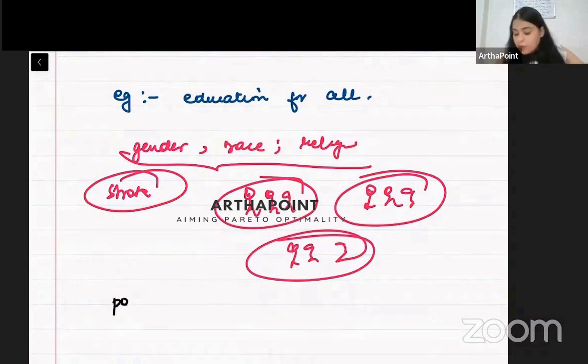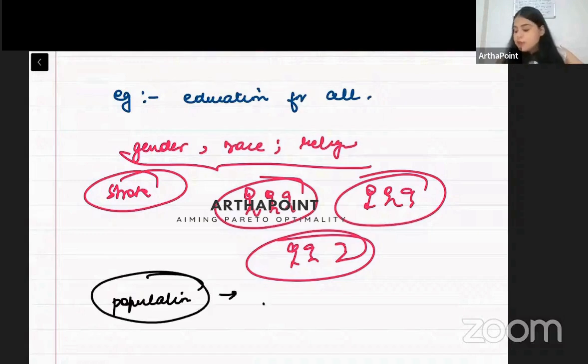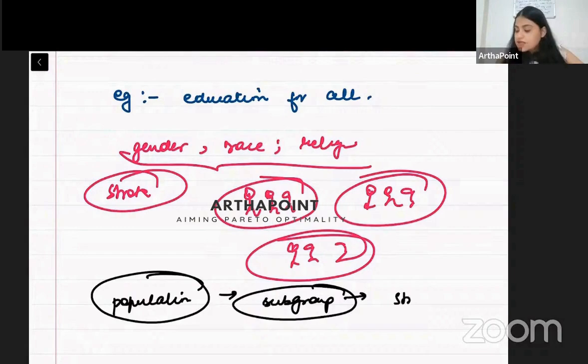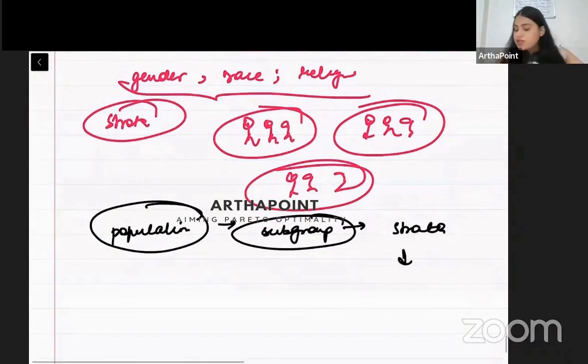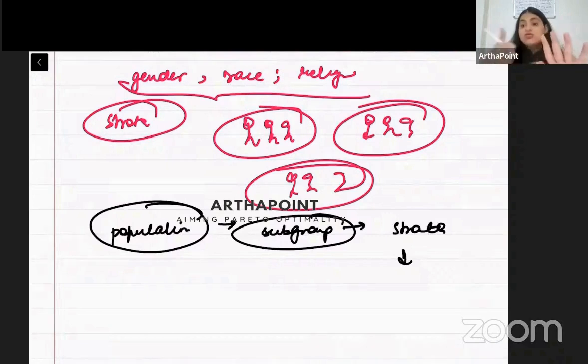So I have a population. First, this population will be divided into subgroups. This subgroup is called as strata, right? This can be based on any characteristic. जैसे वो characteristic gender, identity, age, income bracket, religion, region, job role, किसी भी basis पे मैं ये stratas create कर रही हूँ.